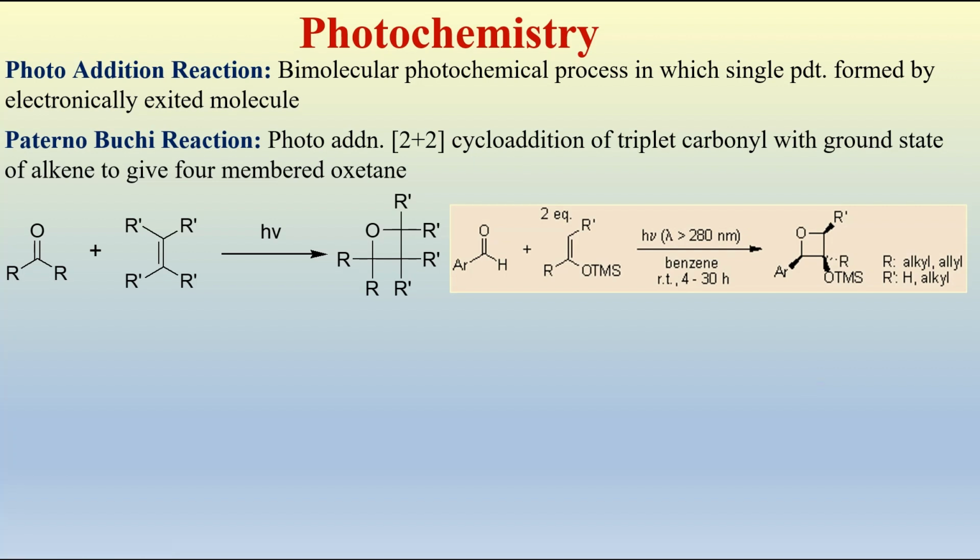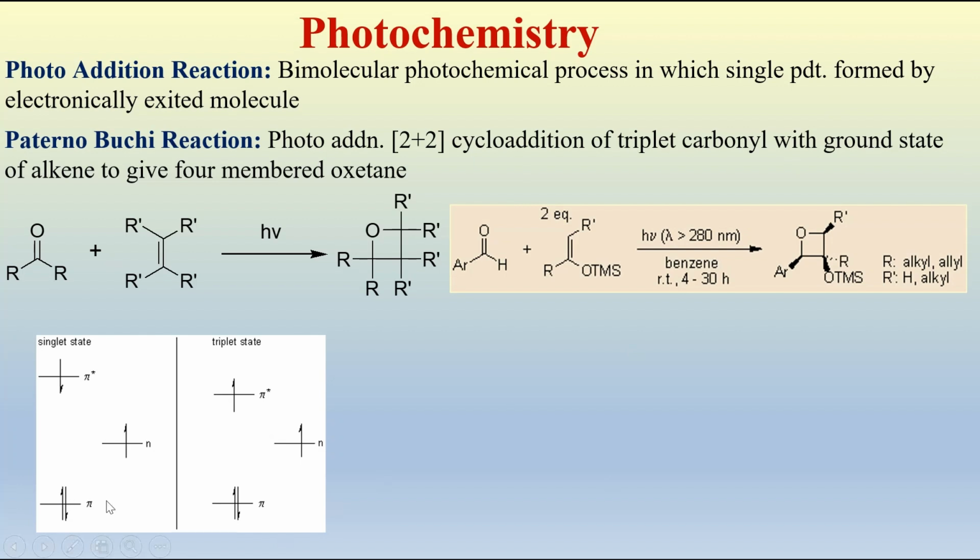What is the reaction mechanism here? Let us look into it. The electrons in the ground state, when they absorb the light energy, get excited and jump to the higher energy level.